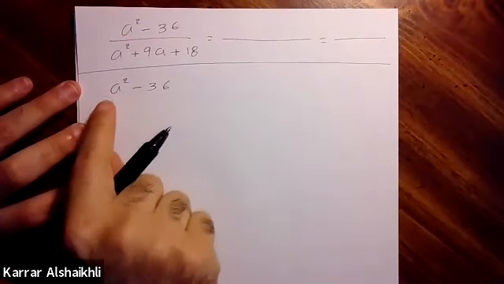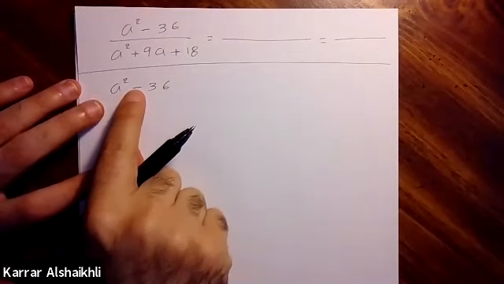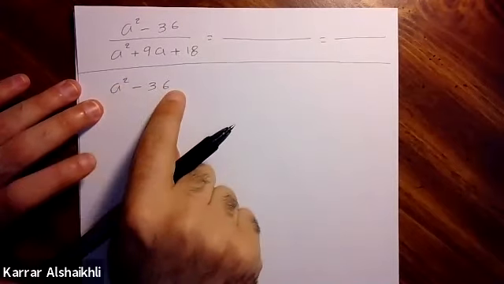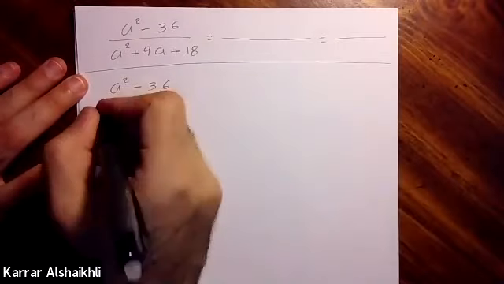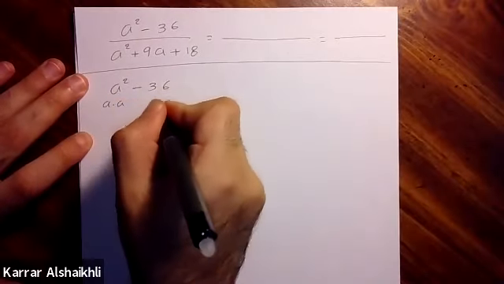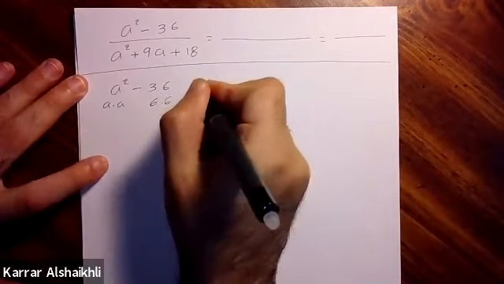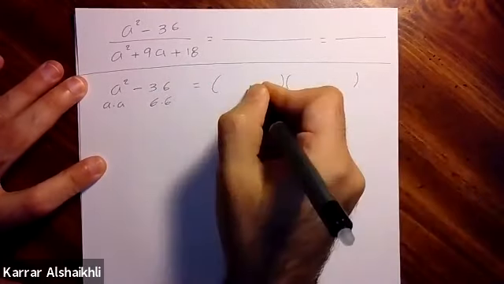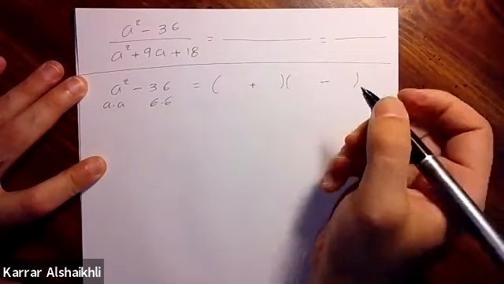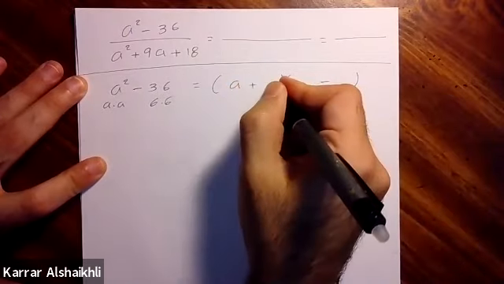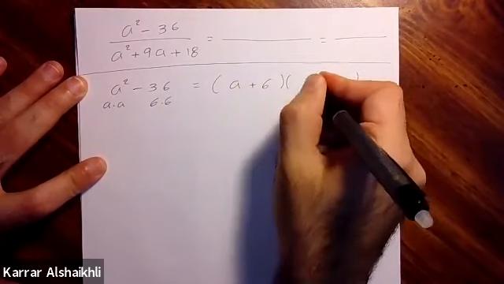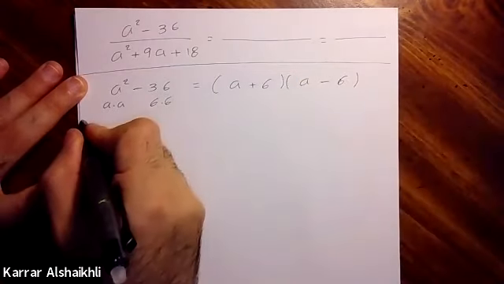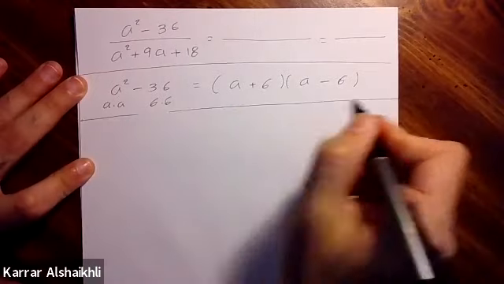I can factor this polynomial because it's difference between two squares. Because this one is a times a, and this one 6 times 6. So I'm just going to open two parentheses, 1 plus, 1 minus, a here, and 6 here, a here, and 6 here. We're done from the first one.